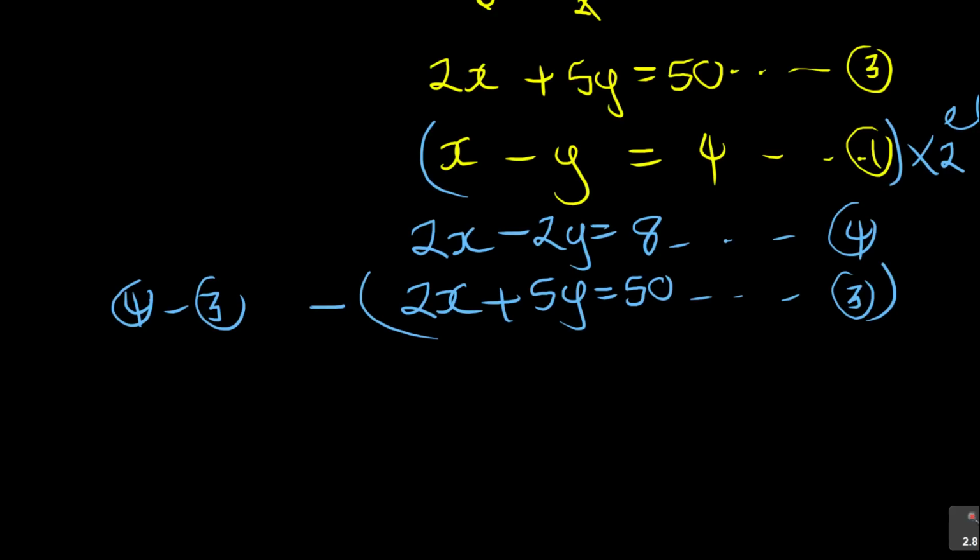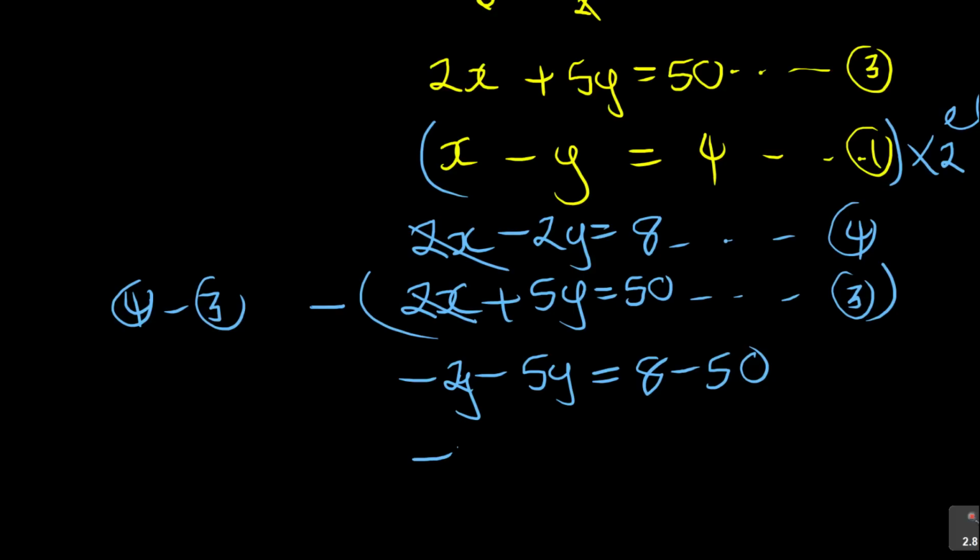So we continue. 2x minus 2x, this will cancel. Minus 2y minus 5y is equal to 8 minus 50. Minus 2y minus 5y is minus 7y, is equal to minus 42.